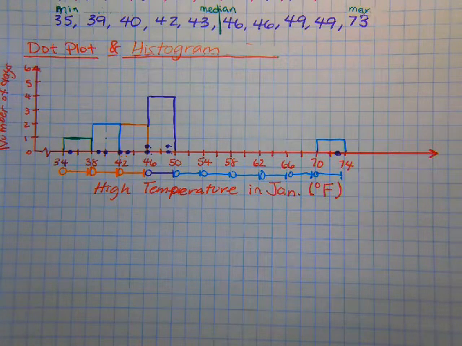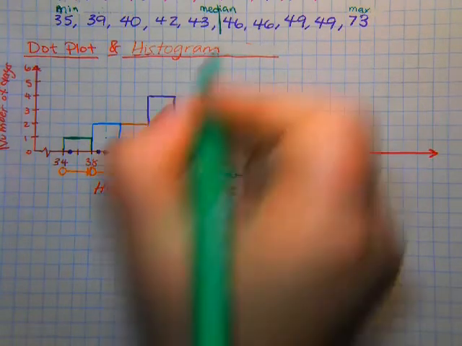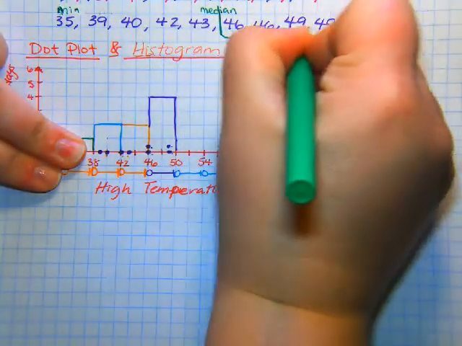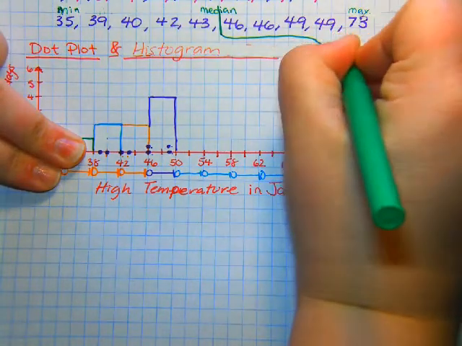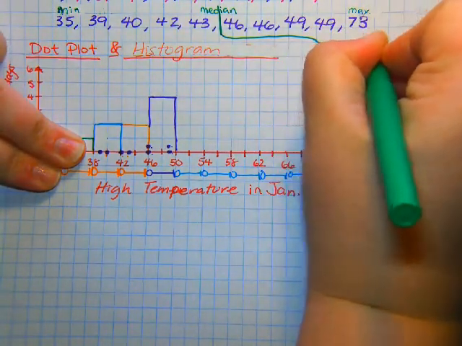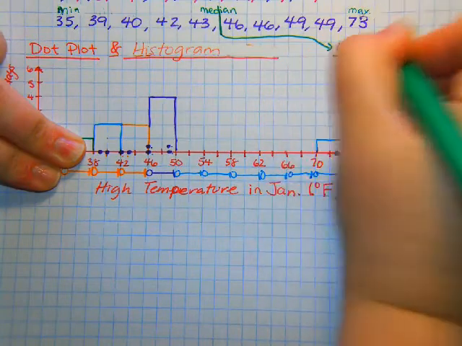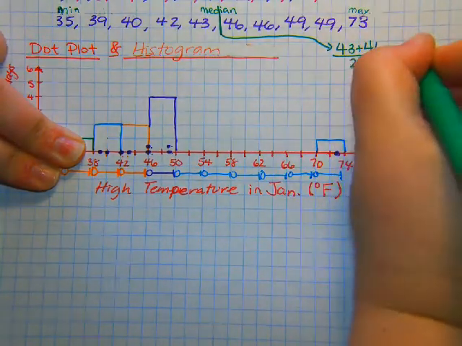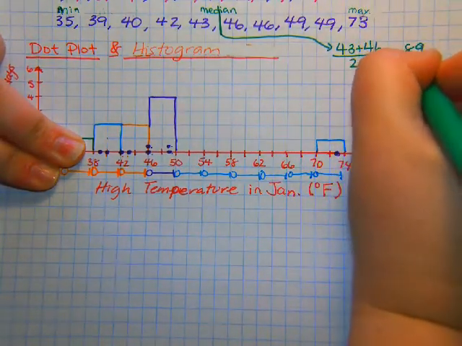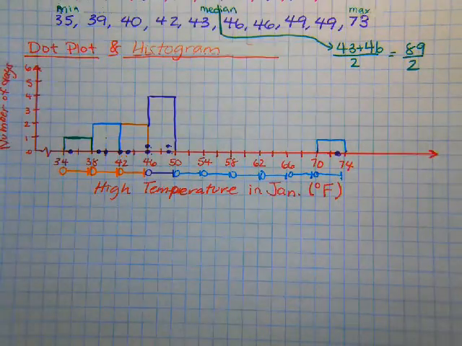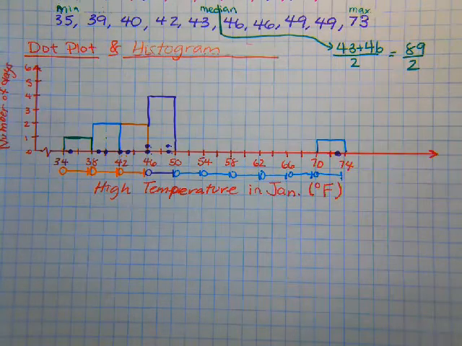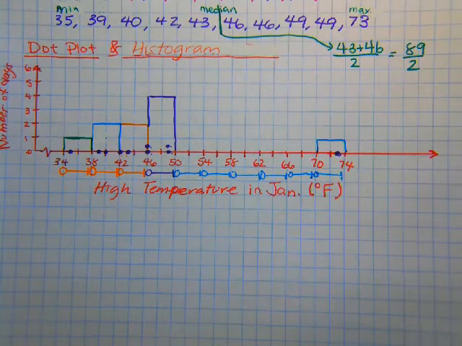So when we add 43 to 46, and I'll show it for you, divided by 2, that ends up being 44.5.